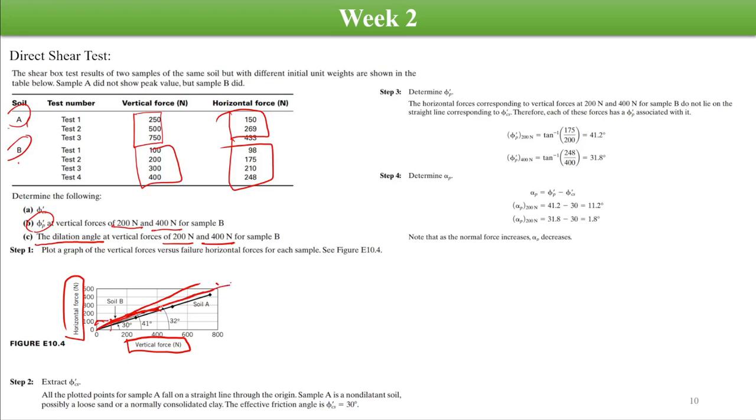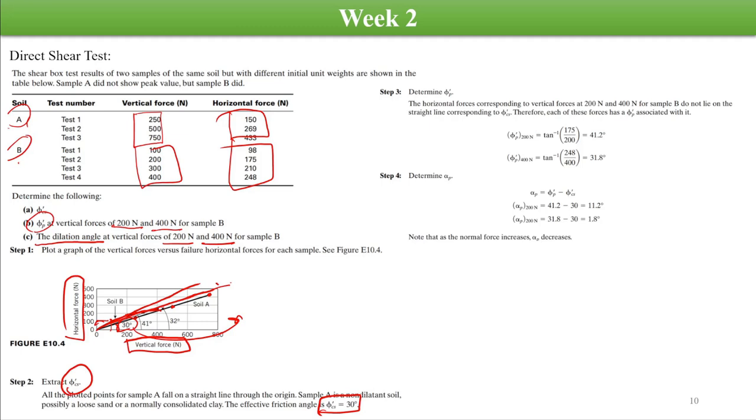This one is the best fitted line, and that's going to be 32 degrees. And if we plot the critical state values, which are given here, that's going to be after we reach the peak. Then we will obtain the critical state friction angle. That's going to be 30 degrees, right? So here, if we extract the values from the graph, then phi critical state is going to be 30 degrees, right?